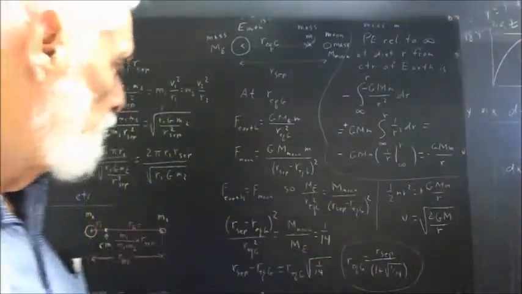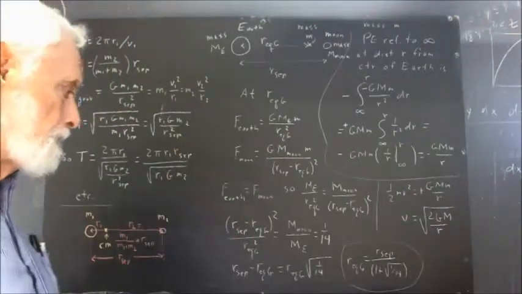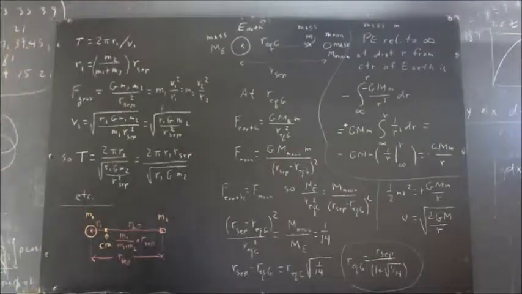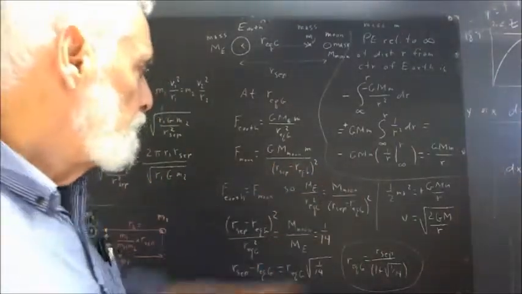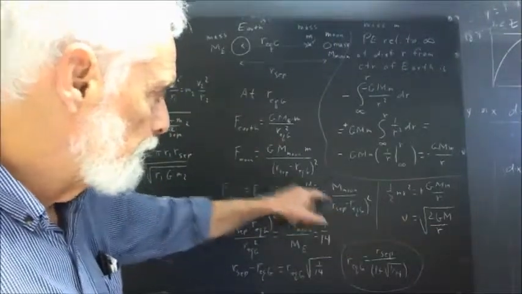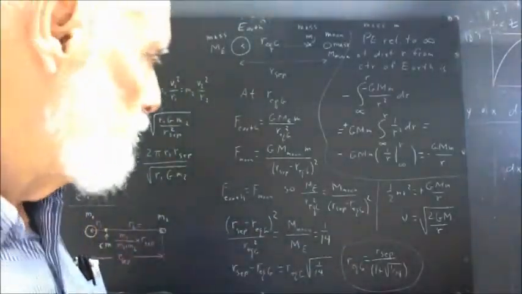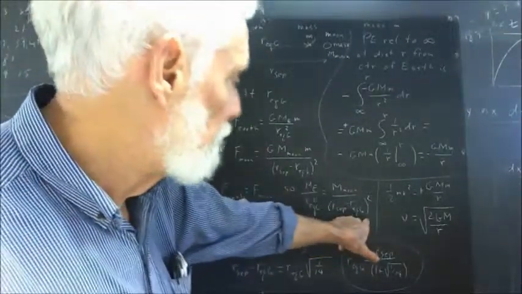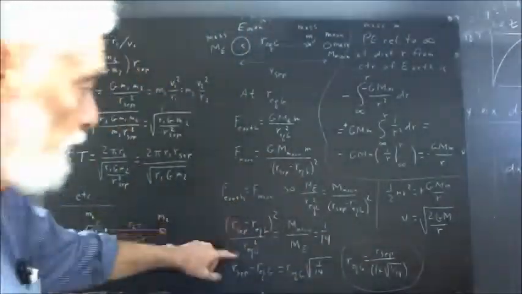That's an equation that we can solve for R sep minus R equal G. We can rearrange this to give us this over this, by multiplying both sides by this quantity, and then dividing both sides by this quantity. We get this.